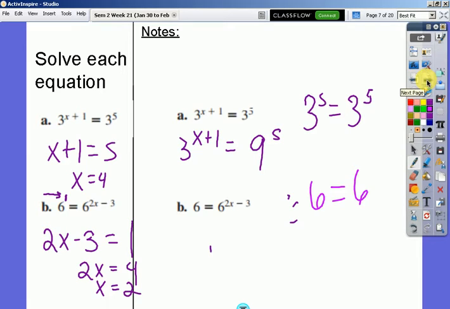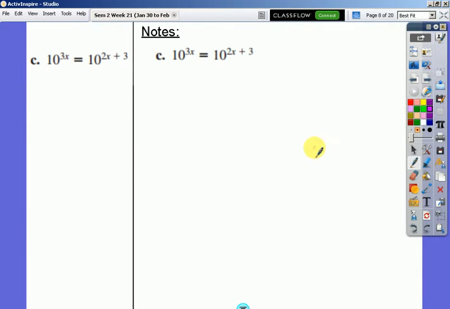One more example. Okay. Example C. What will I set equal in example C? 3x equal to what? 2x plus 3.